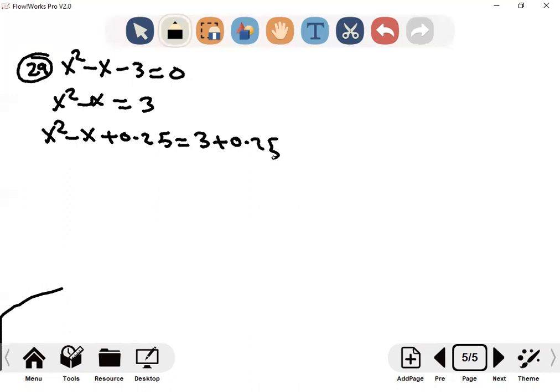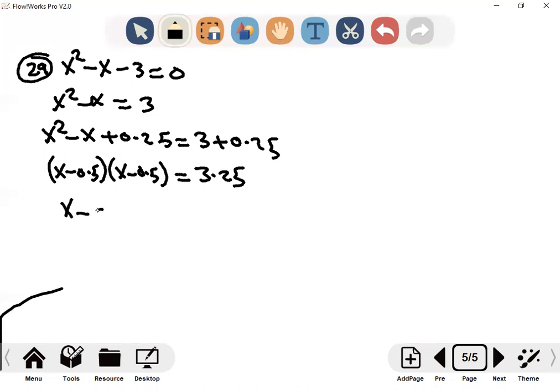Okay? Now here 3.25, and here x minus 0.5, which is half of 1, and x minus 0.5, which is half of 1. Check. Half times half, 0.25. Negative half plus negative half, negative 1, right? Which is the number beside x.